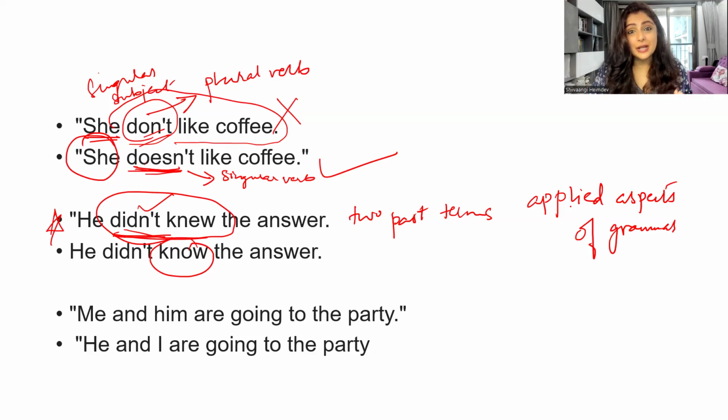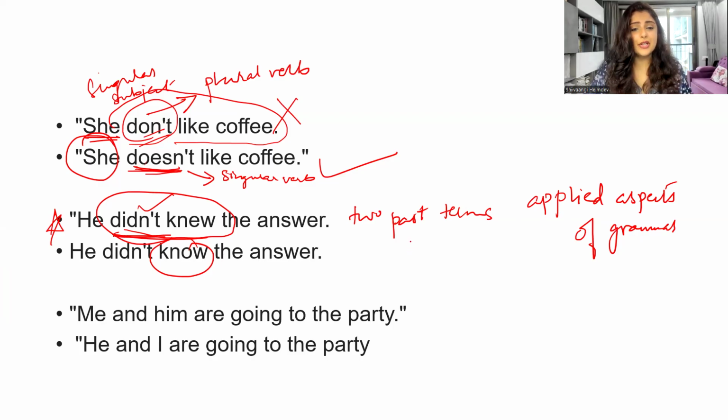It's not that grammar is not important, because you cannot talk like this: "she don't like coffee." That's absolutely incorrect. You have to use "doesn't" with it because you have a singular subject, "she". You cannot say "didn't knew" because you cannot have a past verb with a verb which already exists in the past, that is "didn't". So you have to say "didn't know" and not "didn't knew".